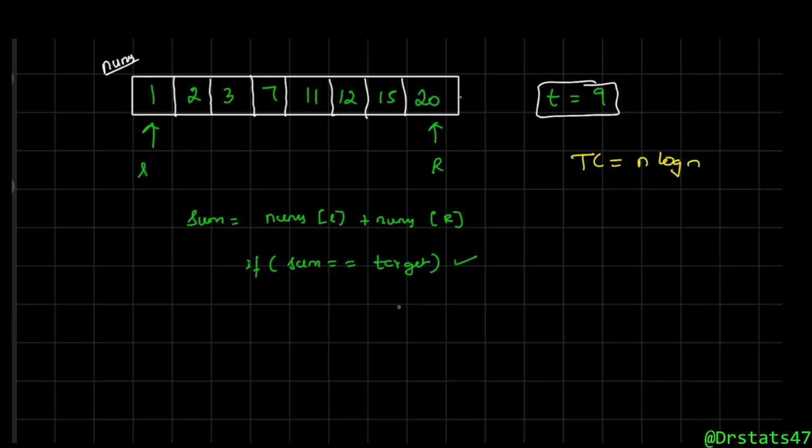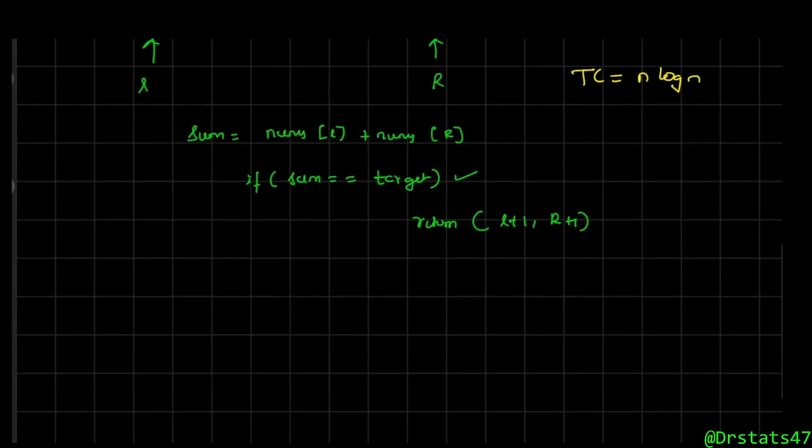If yes, then we return the indexes, that is L plus 1 comma R plus 1. Else we return -1 and -1, meaning no two numbers are present in the array that add up to the given target. This is the basic intuition of this optimal approach.